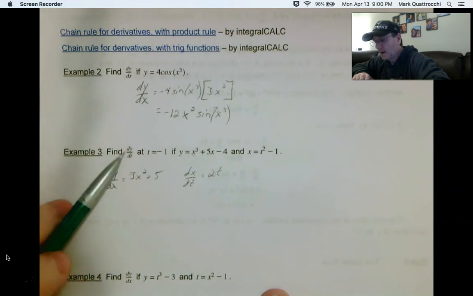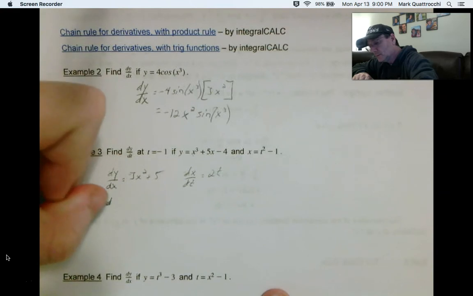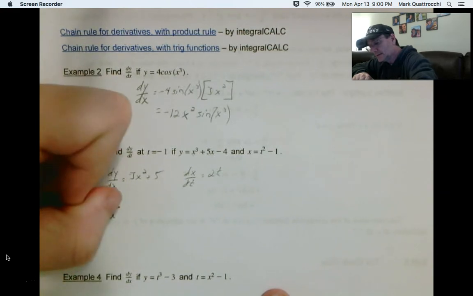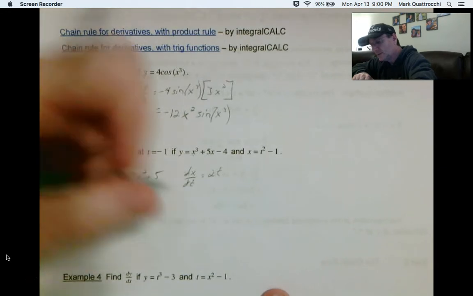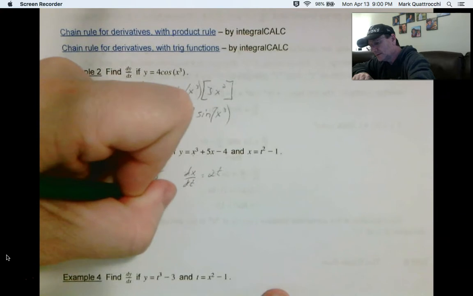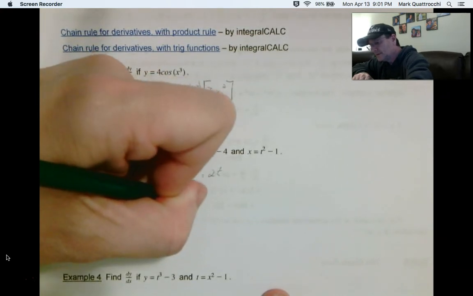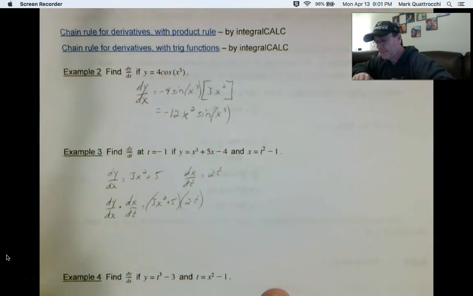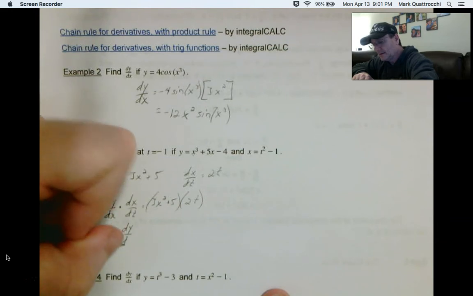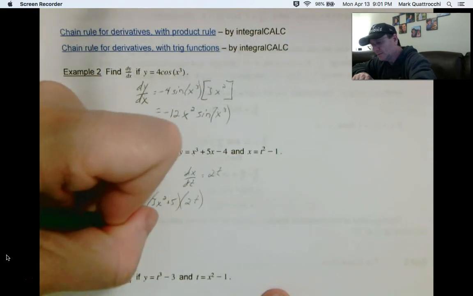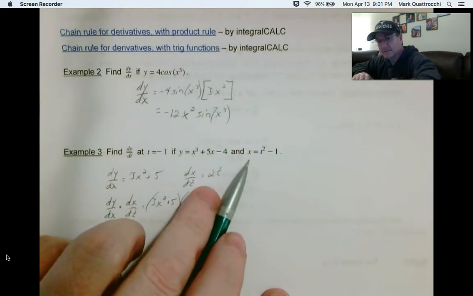So for dy/dt, let's multiply these two together. dy/dx times dx/dt equals 3x squared plus 5 times 2t. So dy/dt equals, and we know what x is.